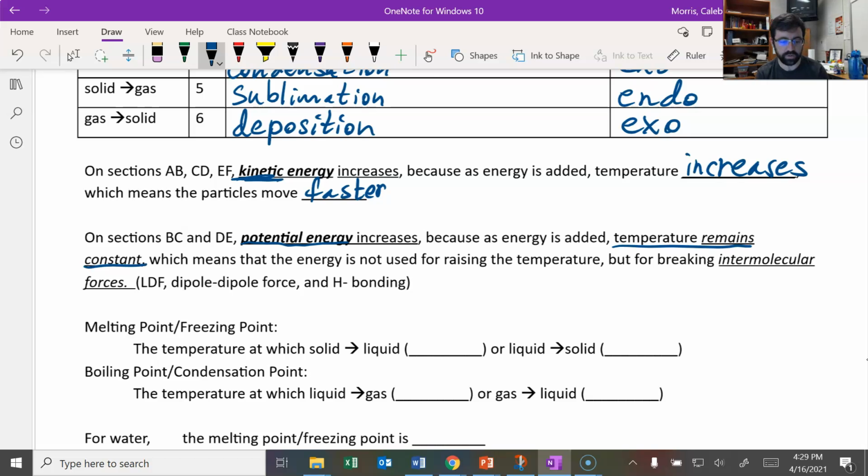It does not change, which means that energy is not used for raising the temperature. It's used for breaking IMFs, intermolecular forces. And that's why there's a flat line there. All of that energy is put into separating the molecules and changing the state of matter. The temperature doesn't change.